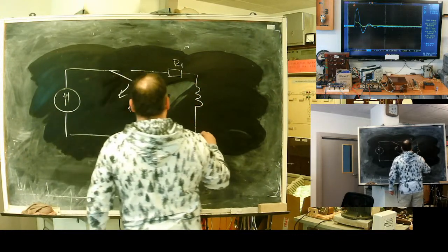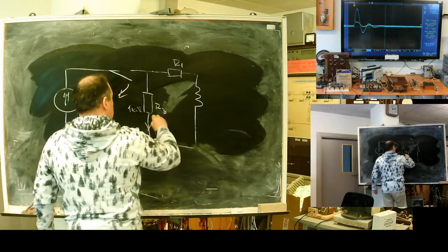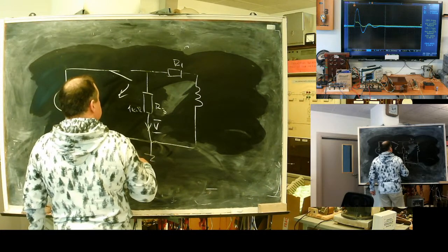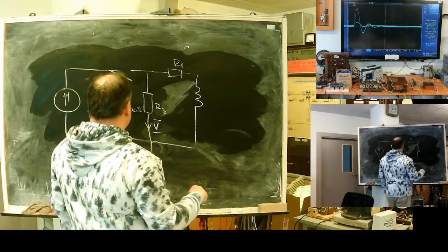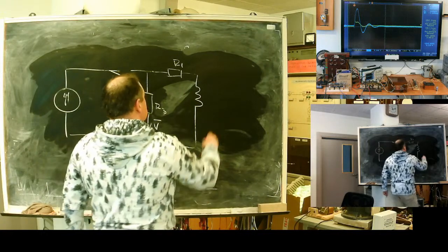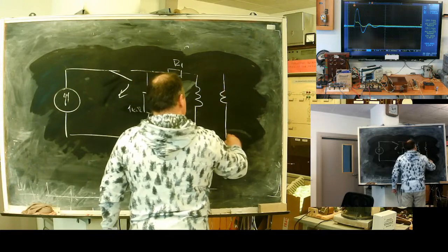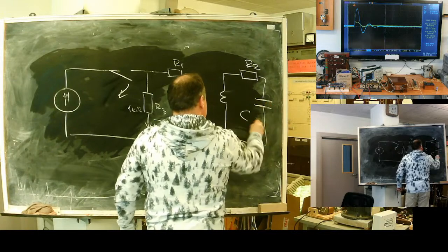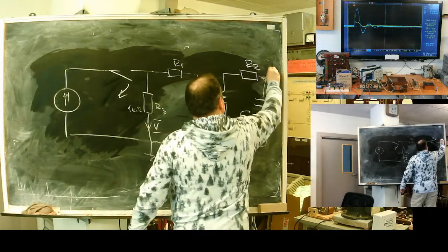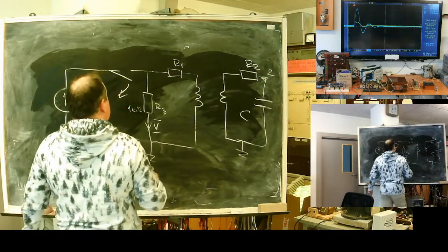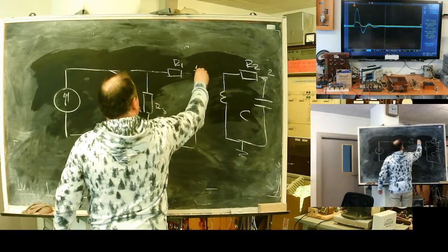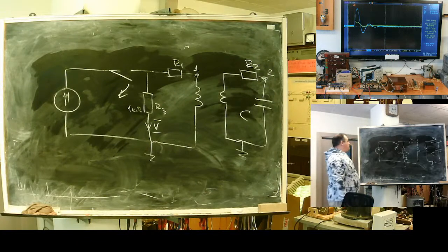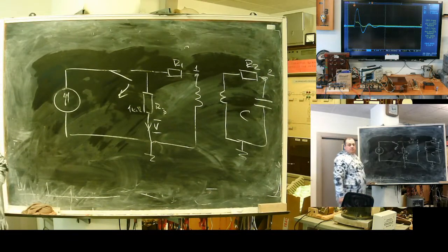Well, this is ground. This will become branch number 5. This is the branch with the capacitor. This is node 2 and this is node 1. Something like this.